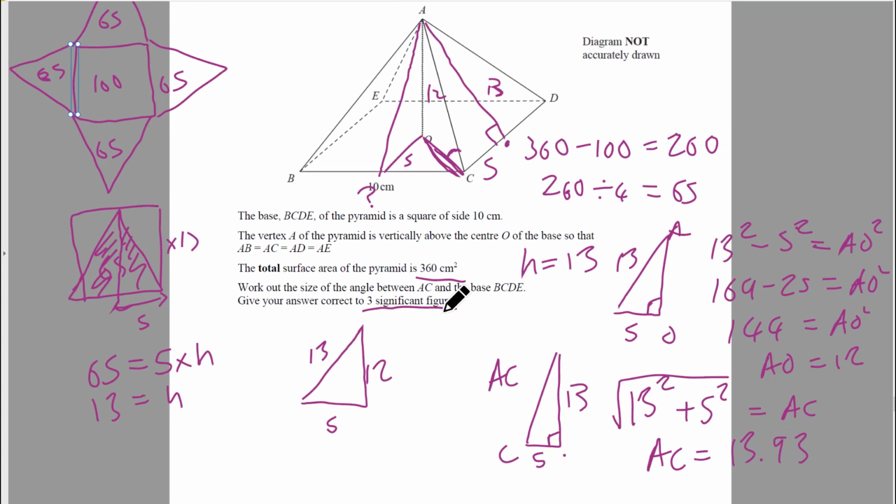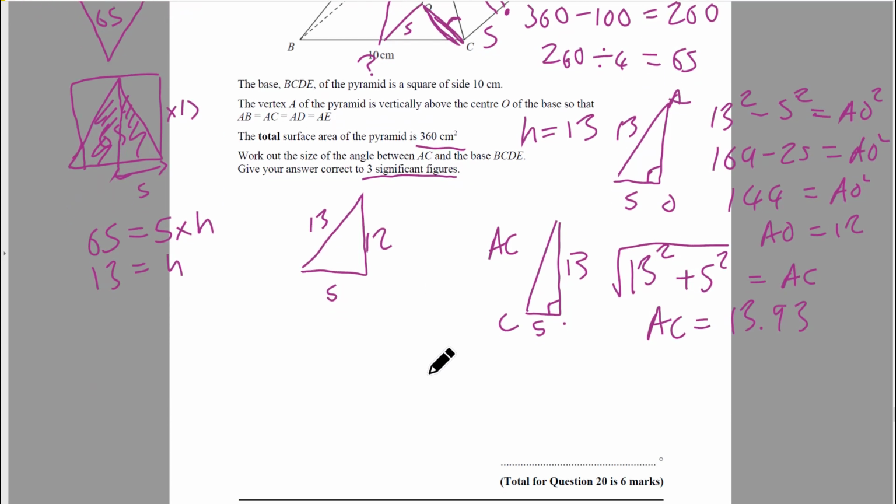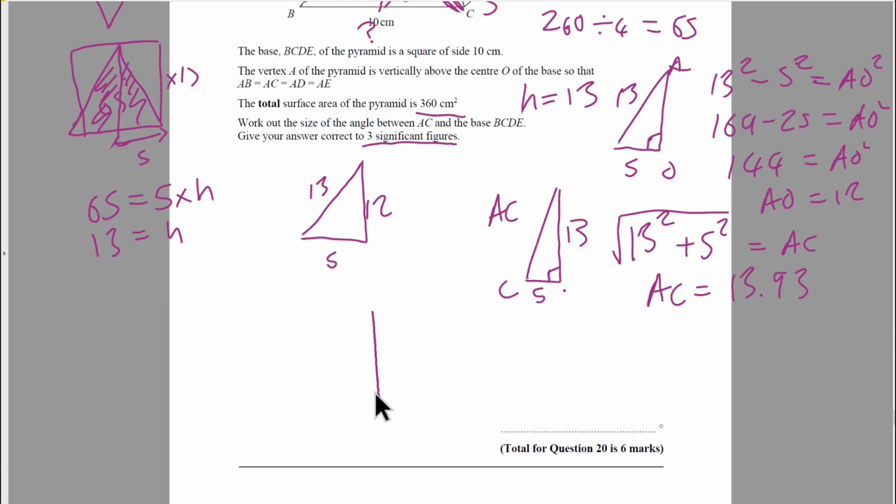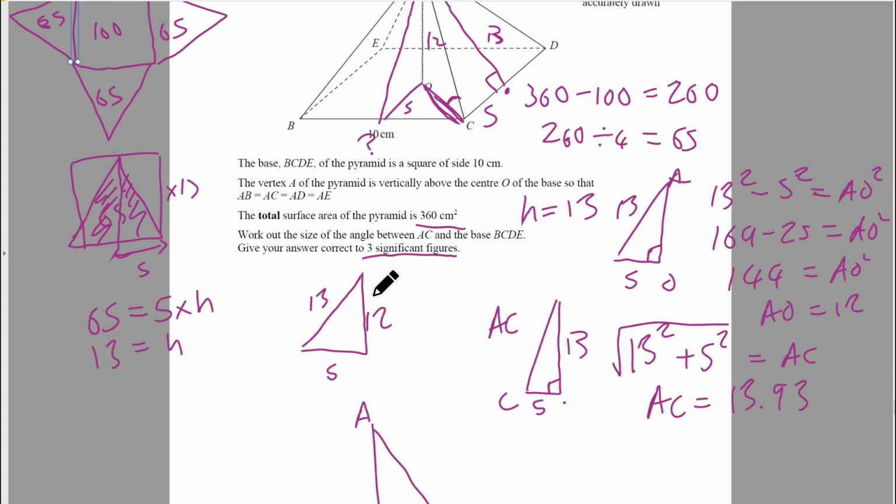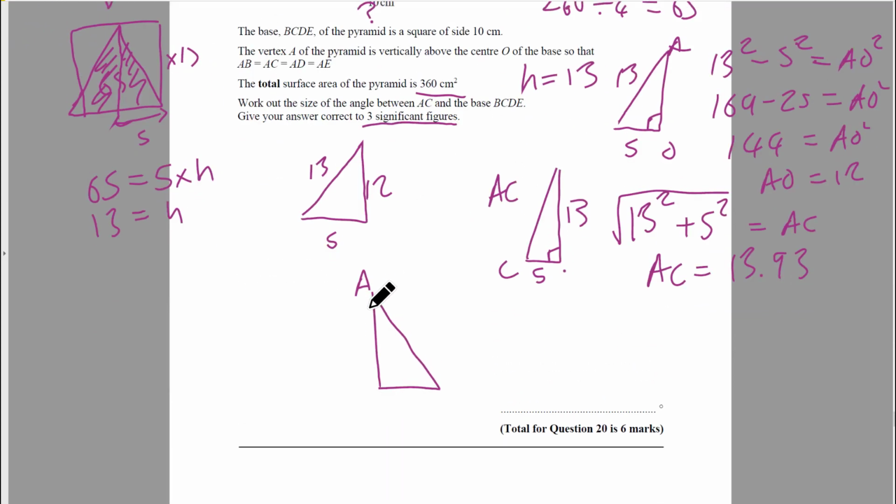And we want ACO. So let's draw this. A's at the top. C's here, O's here. We have 13.93. Do we have OC? No, I haven't worked out OC, but you could do that.